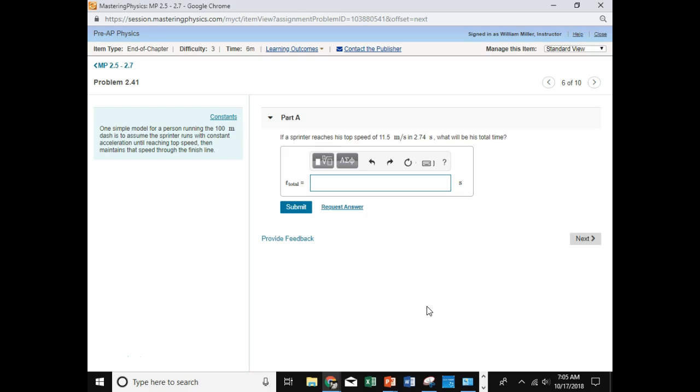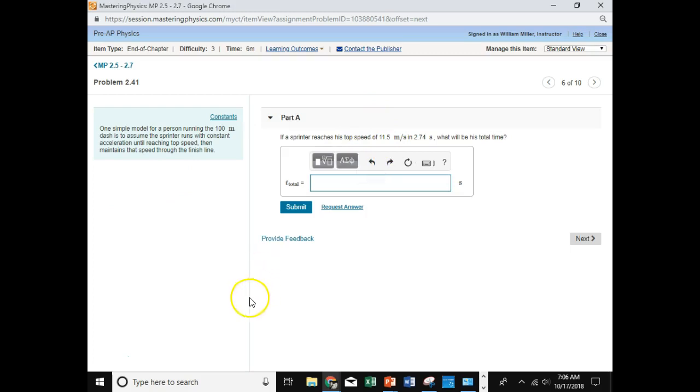You're going to go in there for the accelerated motion, that's during the accelerated time right here, and you're going to find how long it takes. Then you're going to find the time it takes for him to run the part past the accelerated motion. In addition, you have to remember the initial velocity is 0 and the final velocity is 11.5 meters per second.